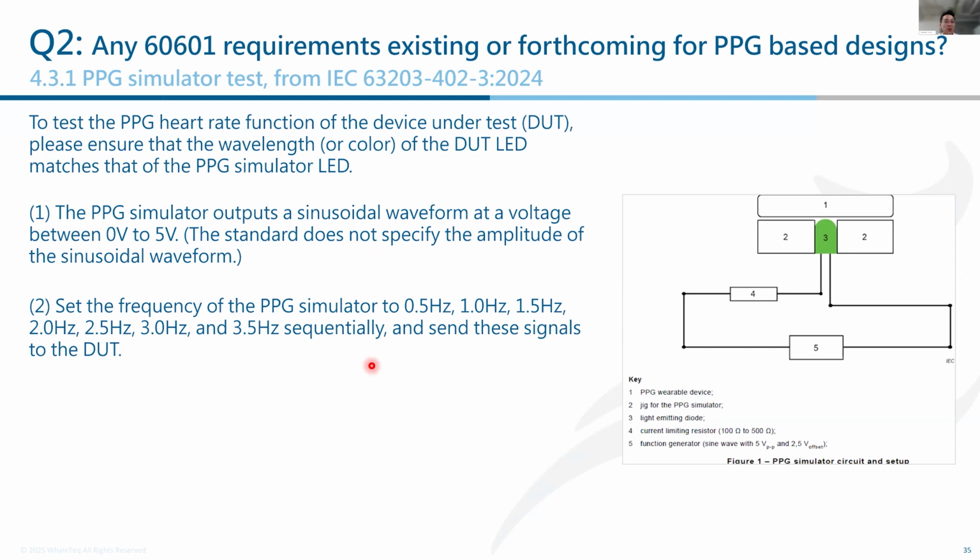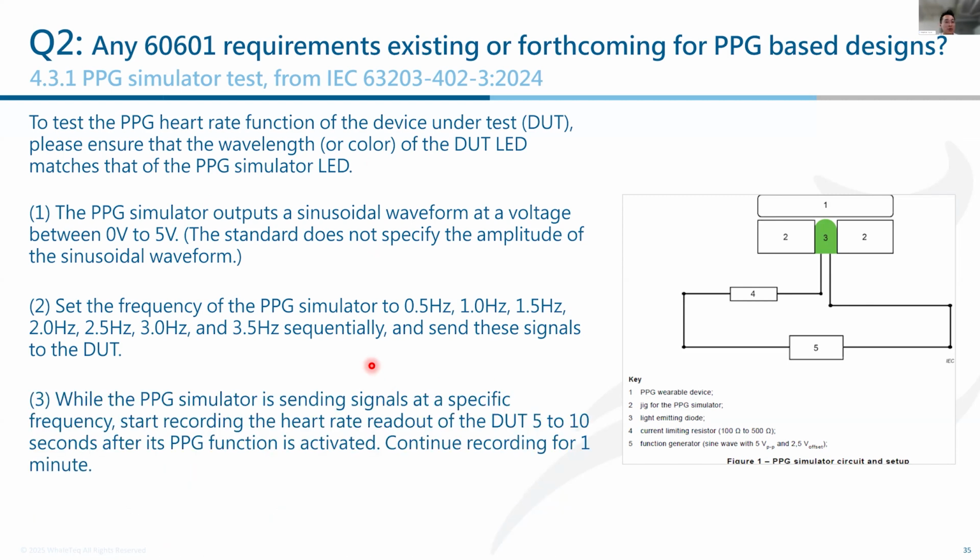In ACG, we can cover up to 5 hertz. The third requirement is that you have to read the heart rates. You read it for 5 to 10 seconds, even record it for minutes to make sure of the stability and accuracy. So this is the best we can think of, and it's good to share with all of you.